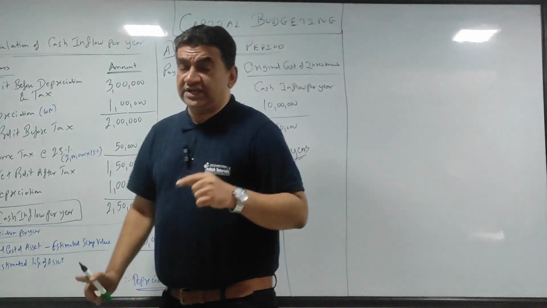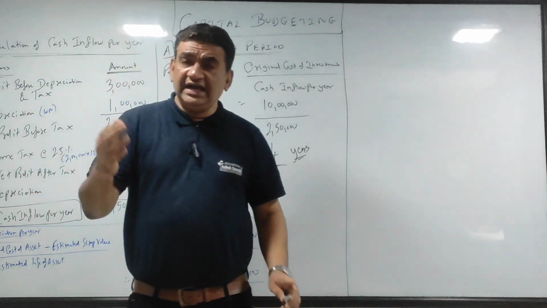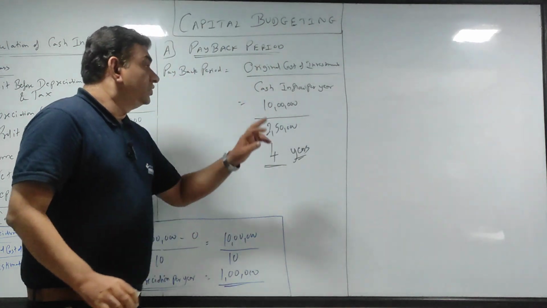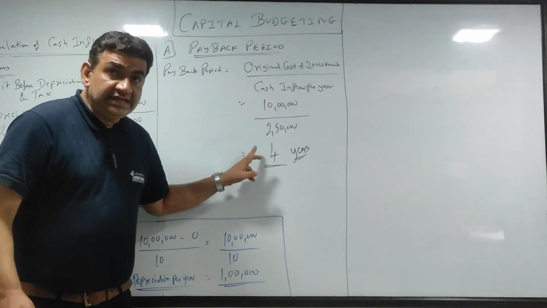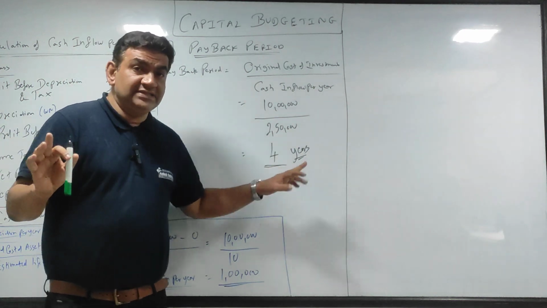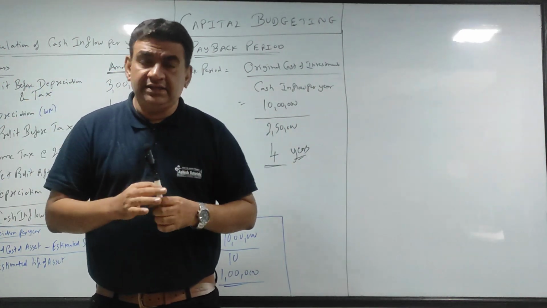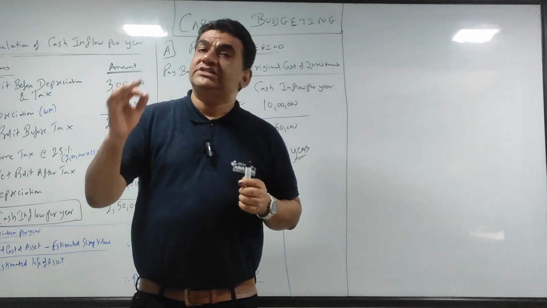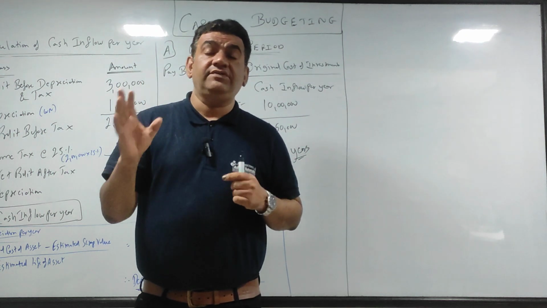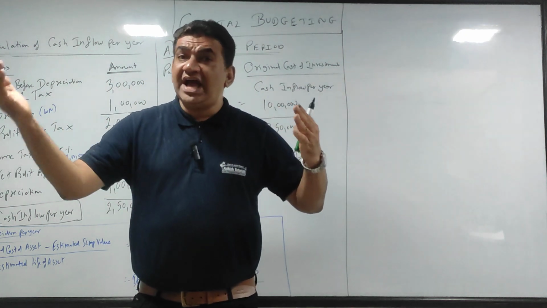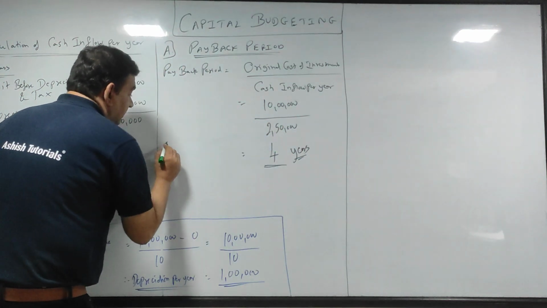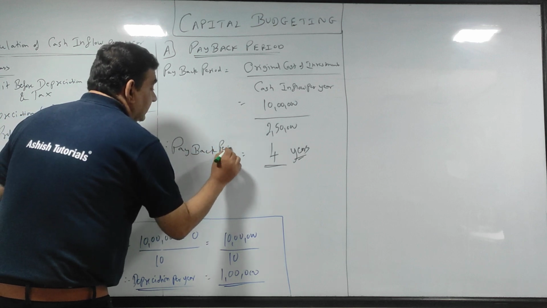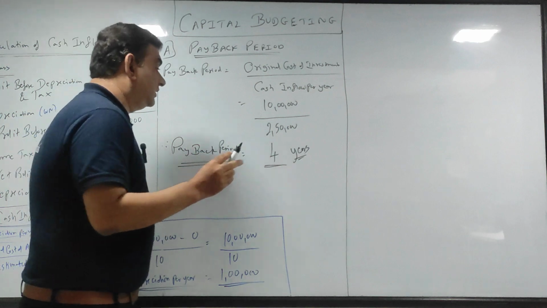Now see the logic. Every year I am earning 2,50,000 in cash. So 10 lakh divided by 250 gives me 4. Why years? That means the 10 lakh investment I incurred in the starting will be recovered in 4 years.